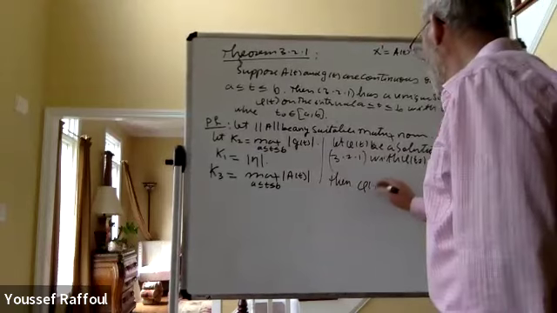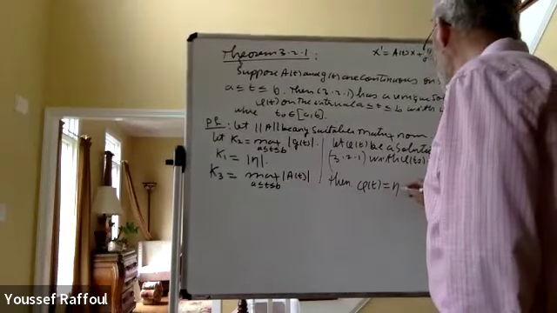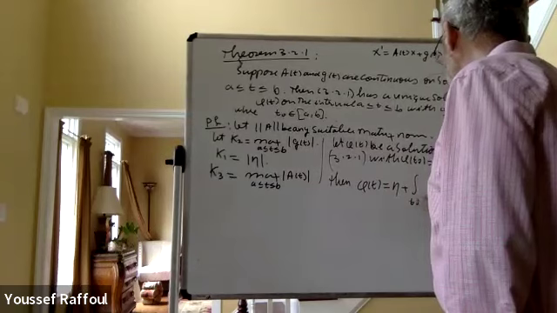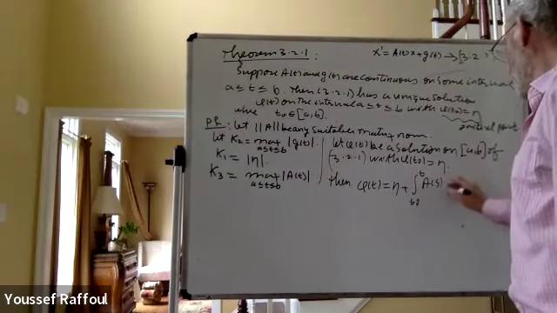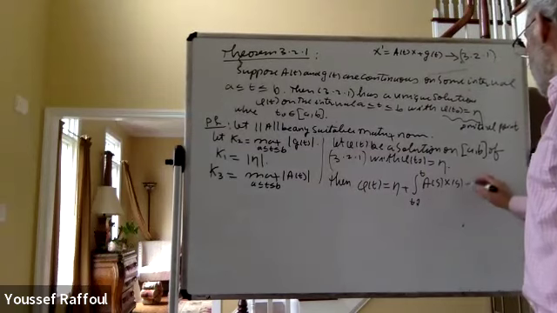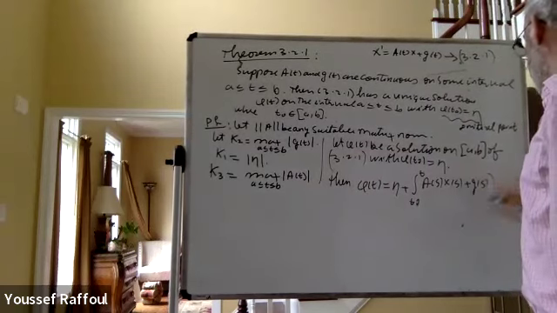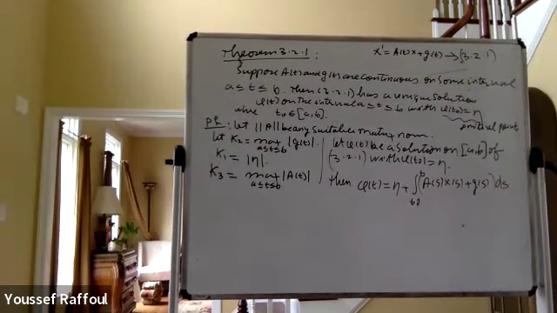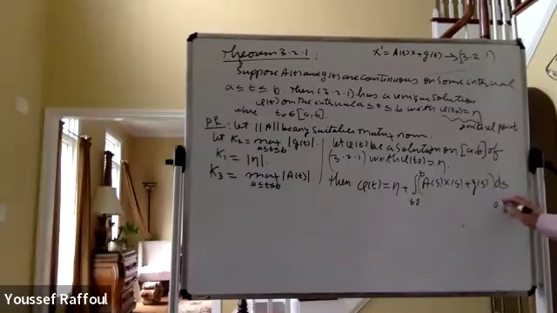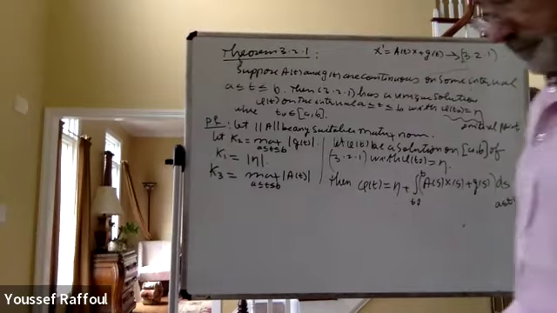Then phi(t) is eta plus the integral from t naught to t of A(s)x(s) plus g(s) ds, where a less or equal to t less or equal to b.